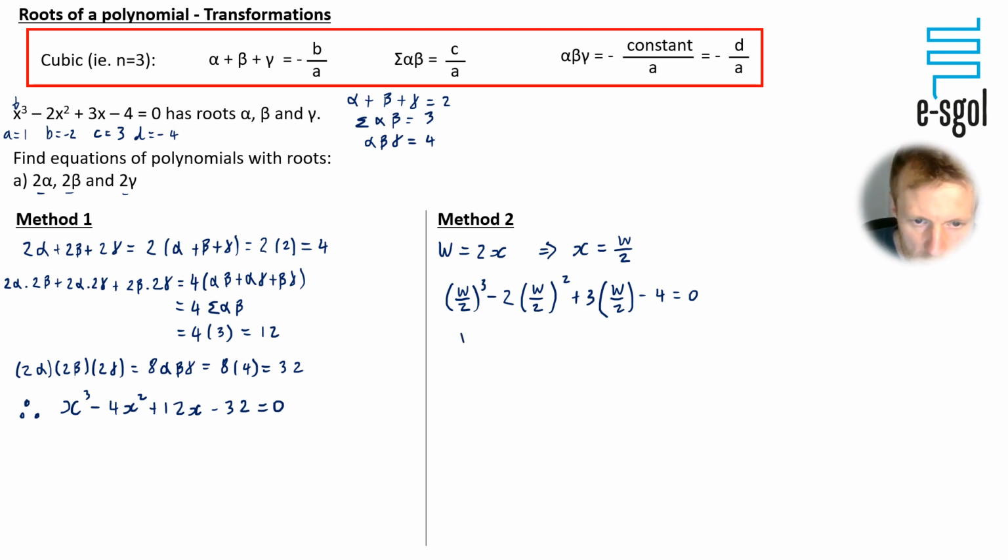So if we cube this, we get w cubed over 8. Here we're getting 2 squared would be 4 as the denominator, but we're timesing it by 2, so we're going to get minus w squared over 2. Here we're going to get plus 3w over 2, and then we've got minus 4.